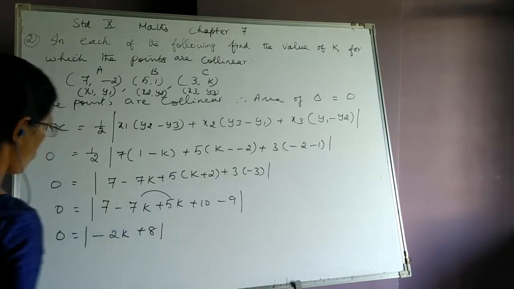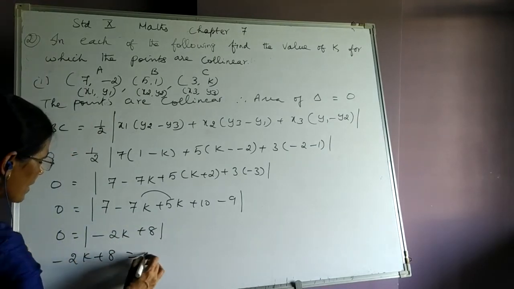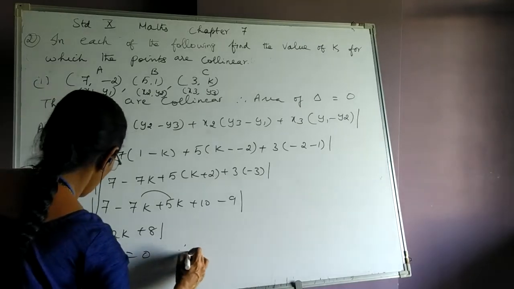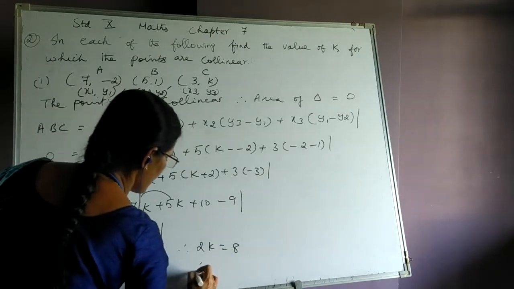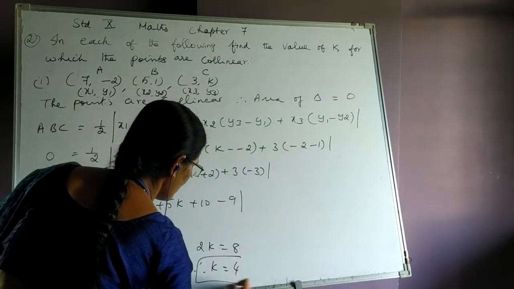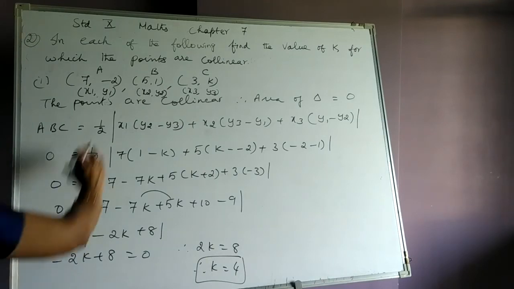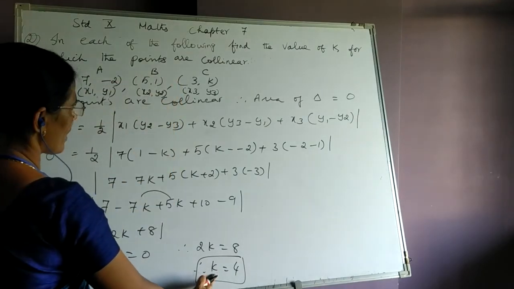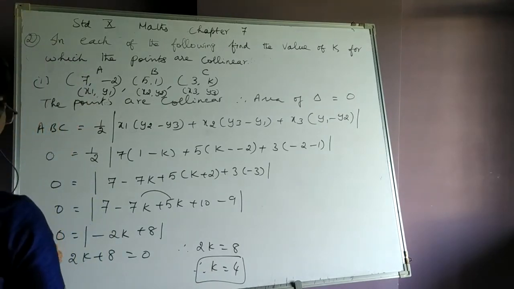It is 2 into 0, therefore 0, modulus of, I multiply here, 7 minus 7k, plus 5 into (k plus 2), plus 3 into minus 3. 0 equals 7 minus 7k plus 5k plus 10 minus 9.